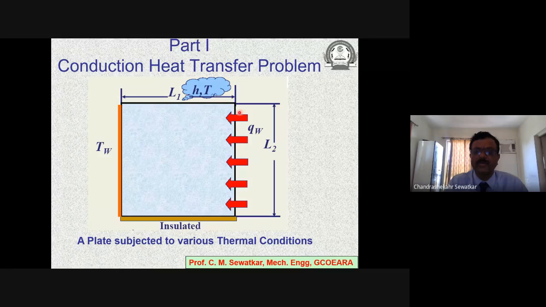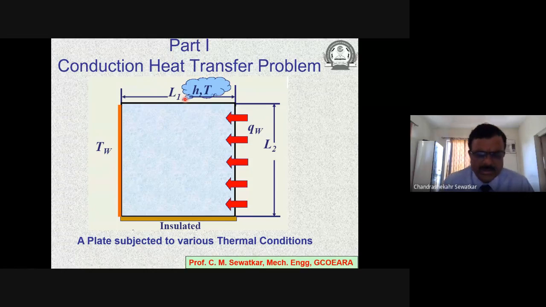Let's say the right wall is subjected to QW constant, that is, some heat is constantly supplied. And let's say the top wall is subjected to boundary conditions such that whatever heat is conducted is being convected. These are the possible boundary conditions. We can also obtain the solution for boundary conditions such that this boundary is maintained at 100 degrees, this at 200, this at 300, and this at 400.